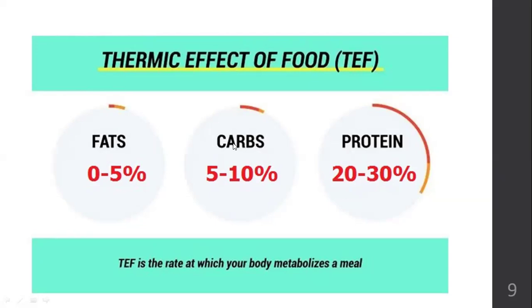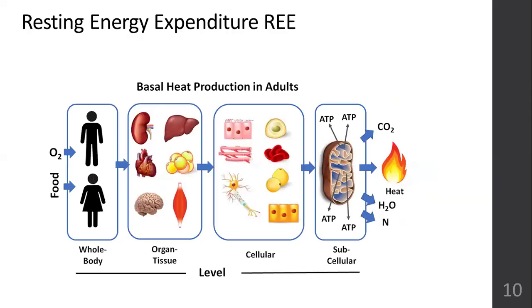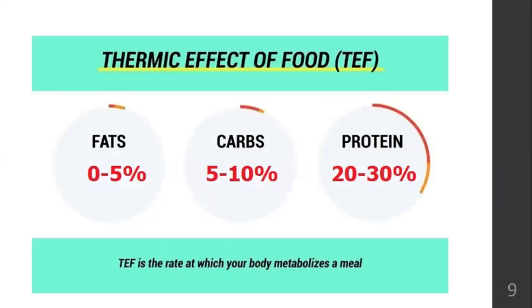And there are other factors which affect the thermic effect of food. Meal size, and the composition: how much protein, carbohydrate, and fat is there in your meal. If it is a high protein meal, if your diet plan is high in protein, then the thermic effect of food is quite high.